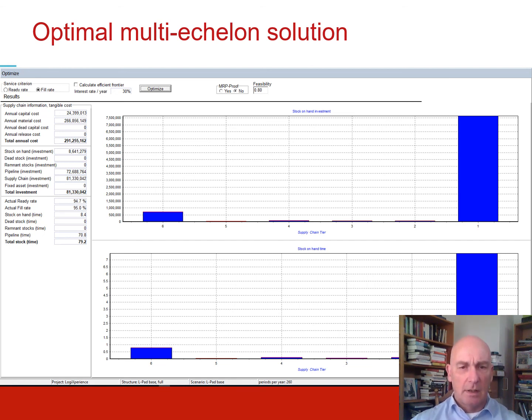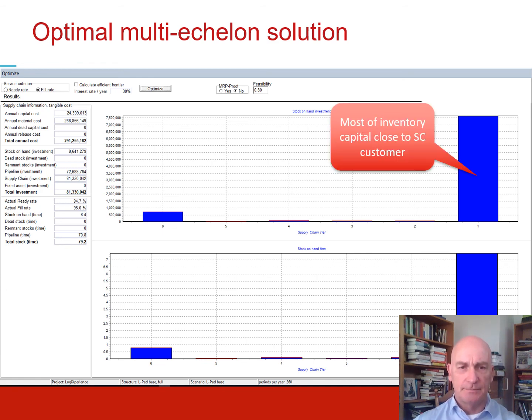Now, this is the typical outcome, and this is impossible to be derived from the single item, single echelon approach, because of the service level setting of 95% for all items.